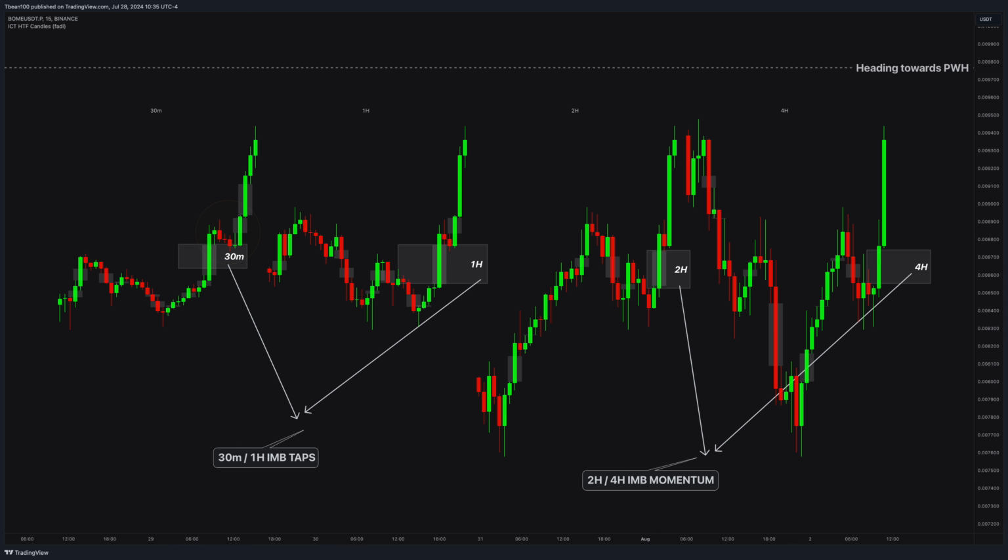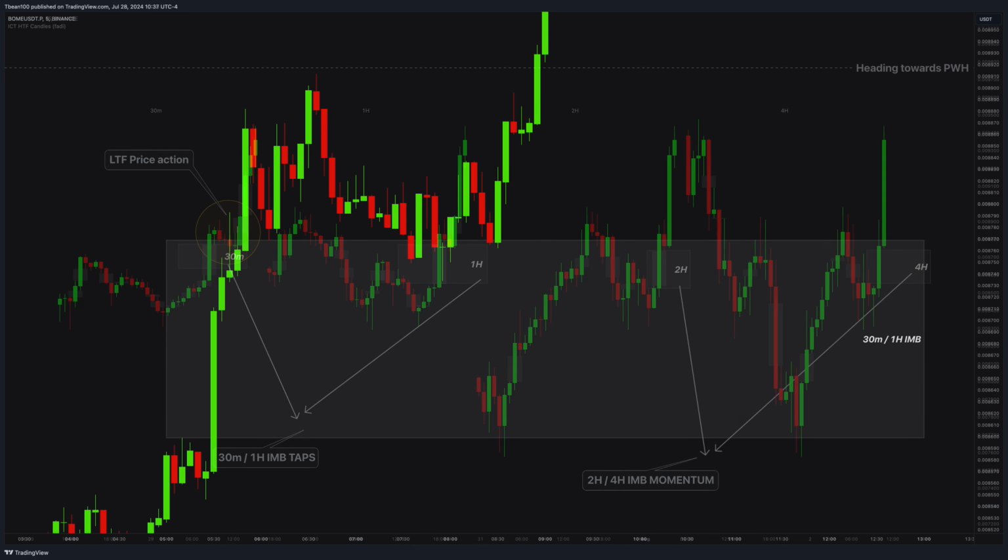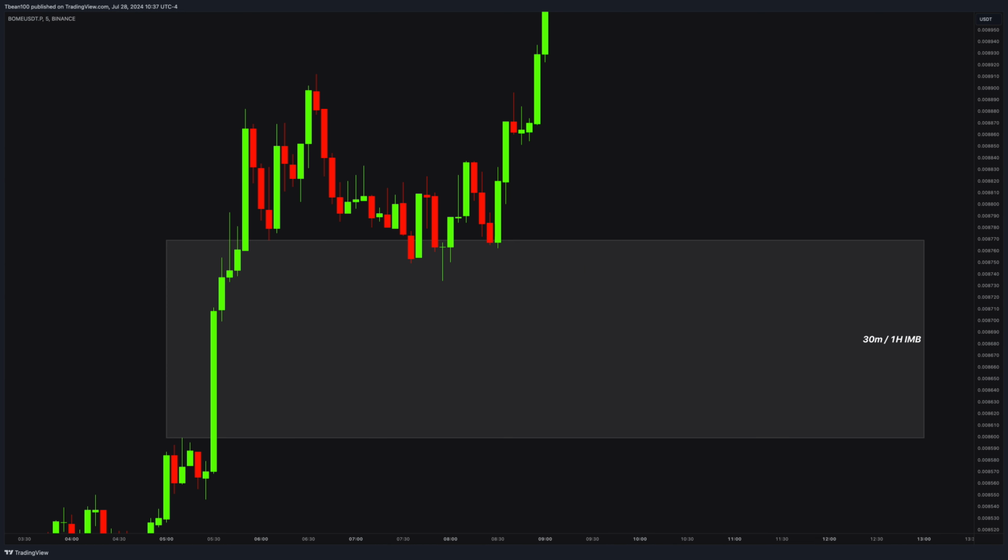So all we need to do is observe this low time frame action here inside this yellow circle. Right now, we are looking at the 5-minute low time frame entry chart. This little yellow point is where the price taps the 30-minute and 1-hour imbalances. This is the moment of full power for us.